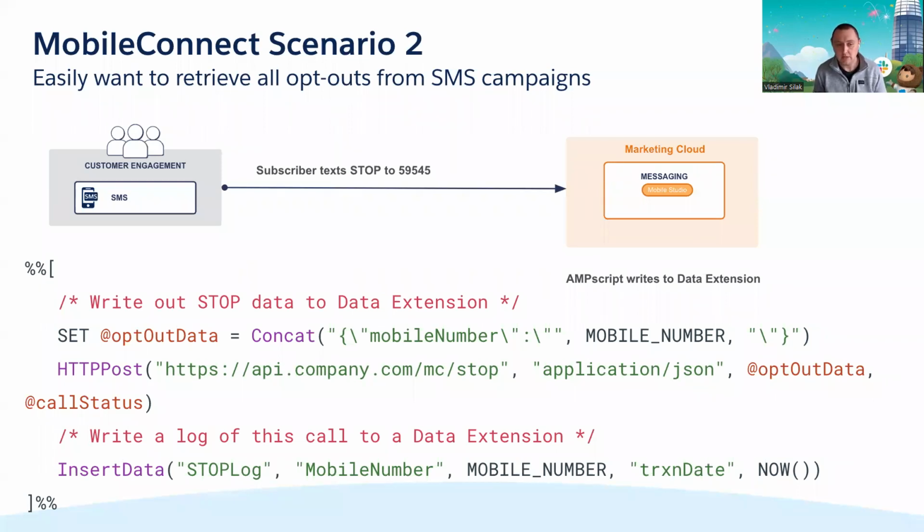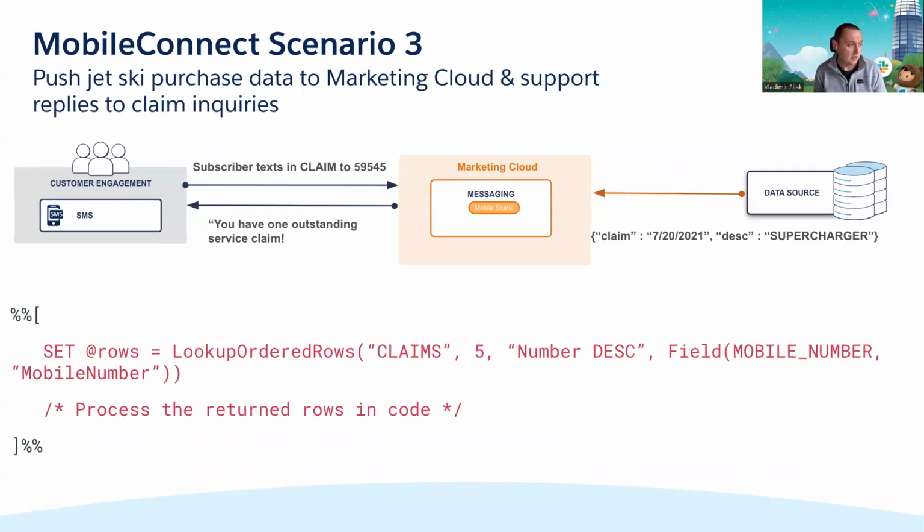You can send out the email with the messages. It's just more ability to think through that when people send a message to Marketing Cloud, we have a chance to start executing some AMP script and become creative in what we can do. And HTTP post in this particular example can provide us an opportunity to handle opt-outs or a lookup for all the previous opt-outs in real time and so forth.